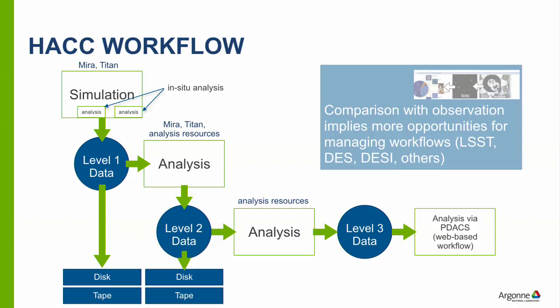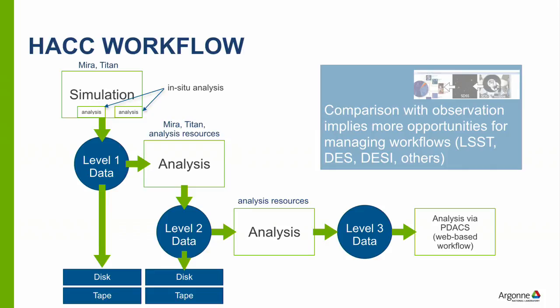And so this is referred to as in situ analysis. Some analyses are appropriate for that, some are not. The data produced by that is obviously available to the next level of analysis and also goes out to disk and to tape with some reduction. The results of that, again, second level analysis produces data that is also stored and is available for further analysis on, say, primarily smaller analysis resources.